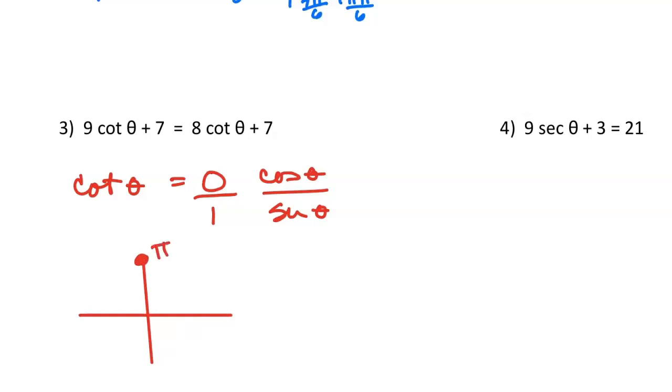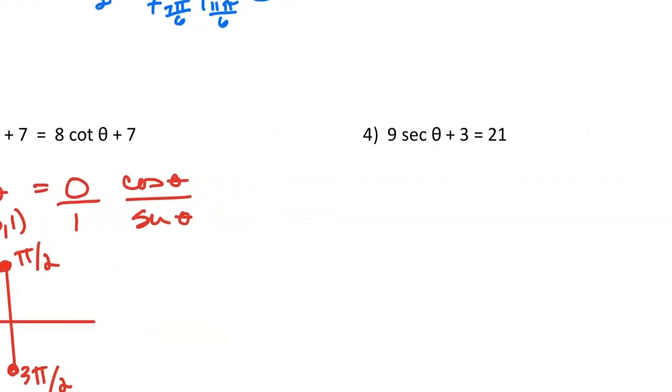And look at pi over 2, and look at 3 pi over 2, and you should see that the value there is 0, 1, and the value at 3 pi over 2 is 0, -1. Whether you divide by 1 or by -1, that sine value will still help you make the cotan equal to 0. Okay? Moving to number 4.